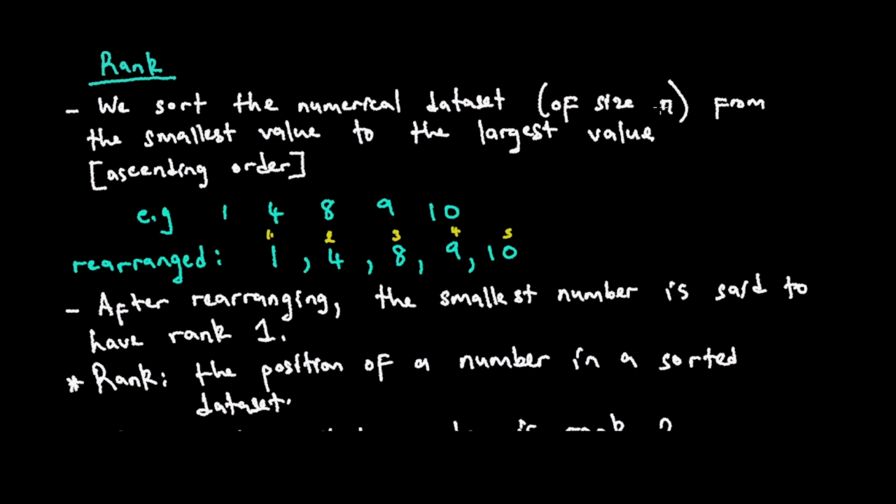So n just refers to the number of data values we have in a dataset. For example, we can have 20 marks from a class, that's our dataset. So n would be equal to 20. We dealt with examples where n is equal to 30, n is equal to 20, especially when we were constructing stem plots. So that is what is happening there.